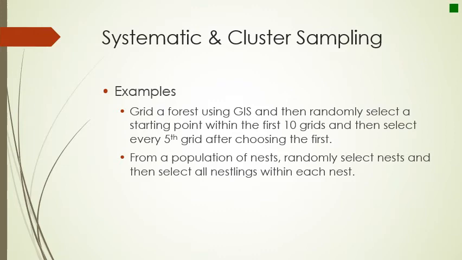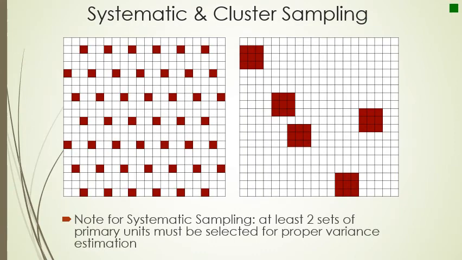For cluster sampling, maybe you're from a population of nests, you randomly select a nest and then select all nestlings within that nest to take measurements, for instance. So here's an example of a systematic grid pattern on the left, where you choose the first plot randomly using a random number table, and then each plot after that, the location is determined by the distance that you're sampling between those plots.